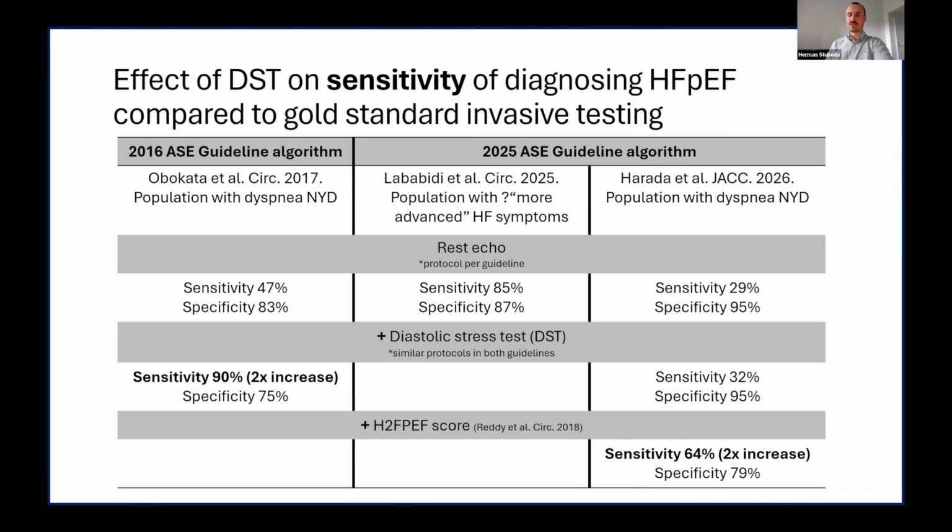What they did find to be very helpful is adding a higher pretest probability by using a clinical score such as the HFpEF score. Their sensitivity was shown to jump by 2 times, from about 32 to 64% when they used that score. So it highlights that we do want to have a pretty high pretest probability when we run a diastolic stress test.